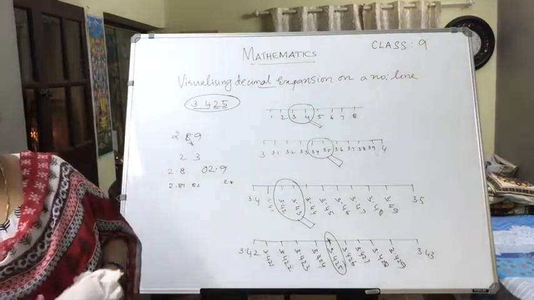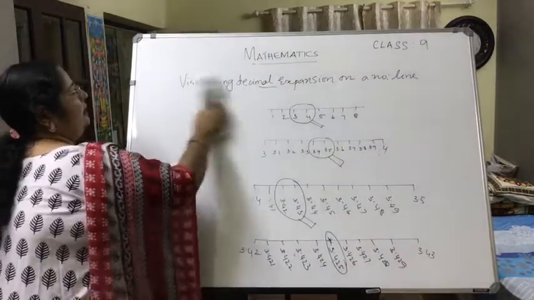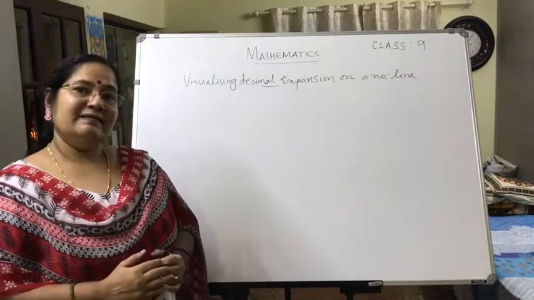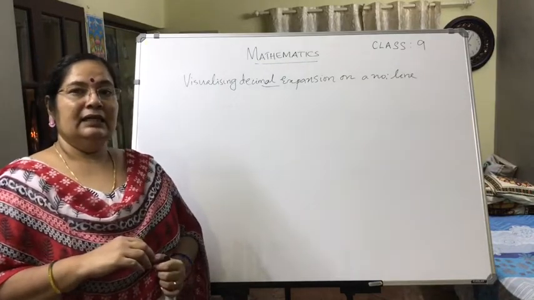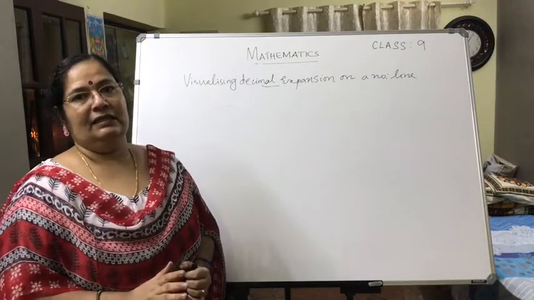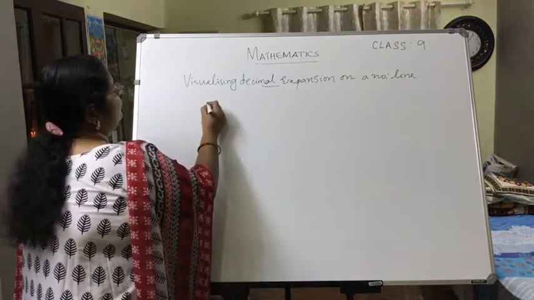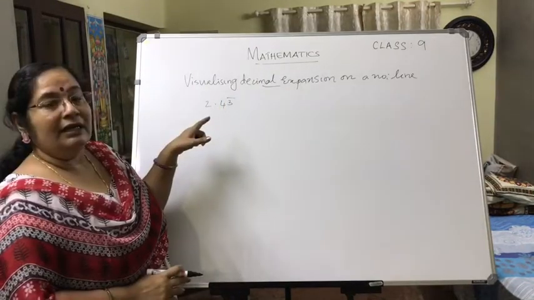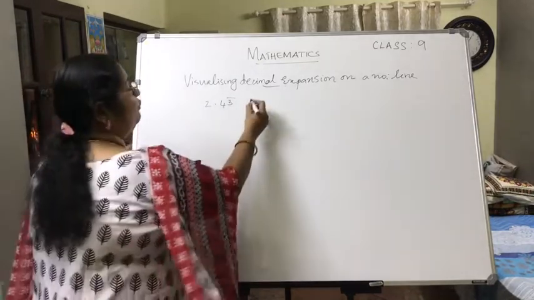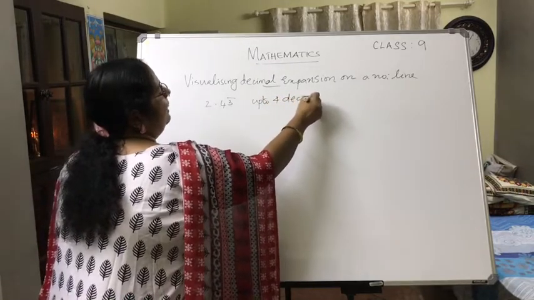Now we will be seeing how to represent non-terminating and recurring decimal expansion on the number line. In this representation, we will be restricting ourselves to the required decimal places. What I mean to say is, suppose you are asked to visualize 2.43 bar up to 4 decimal places.